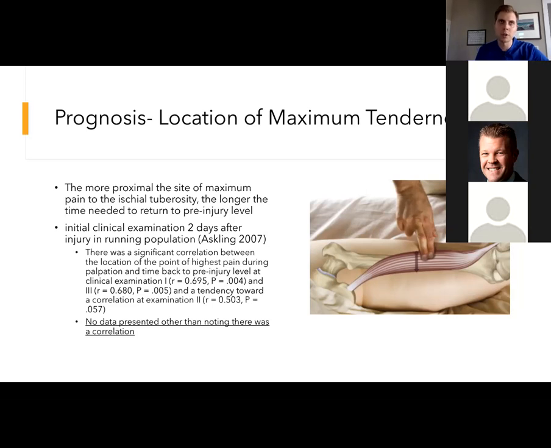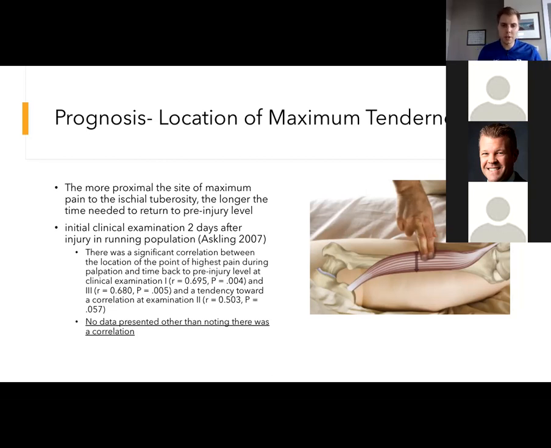So they went through at 2 and 4 or 2 and 21 days, and they noted this definite correlation that the lower down they were from palpating the ischial tuberosity, the more likelihood that people were returning to sport at a greater rate versus individuals that were closer to that ischial tuberosity were taking longer, and that was measured at 12 and 21 days after the injury.